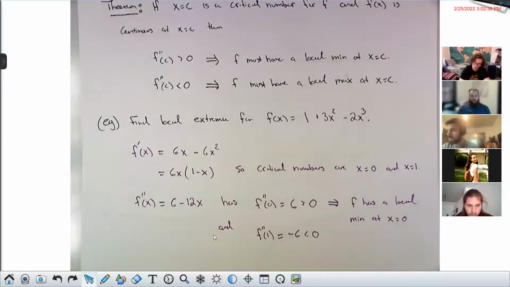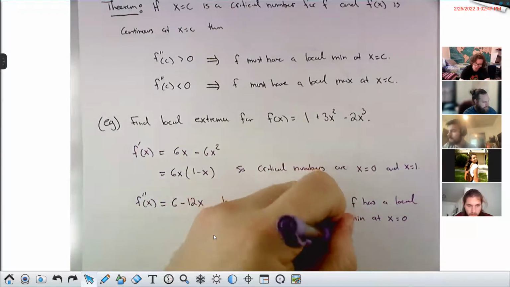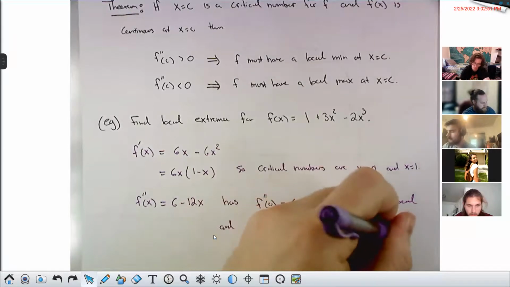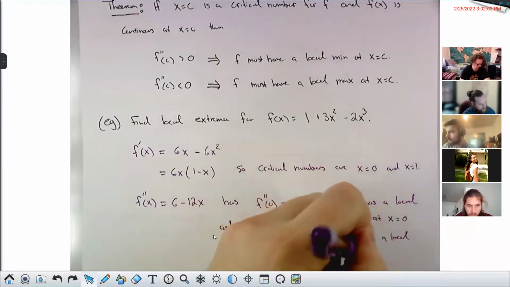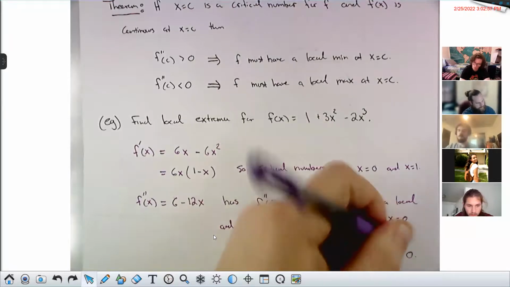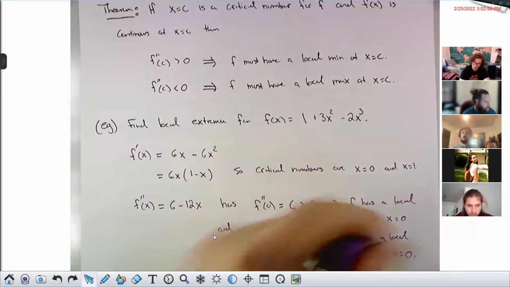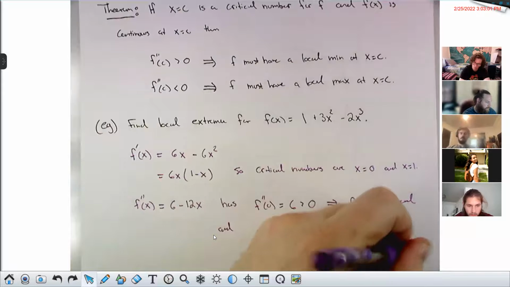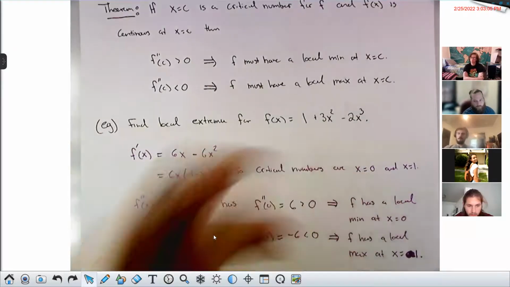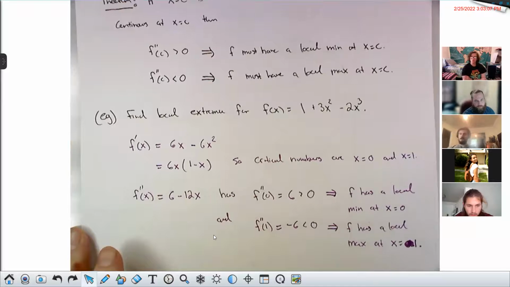So I have a horizontal tangent line and I'm concave down. Well, that means this must be a max. Oh, sorry, not at x equals 0, at x equals 1.